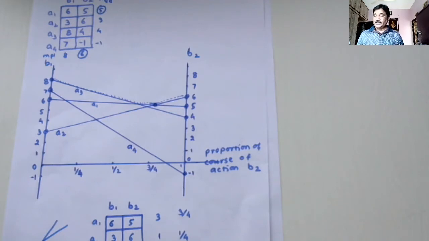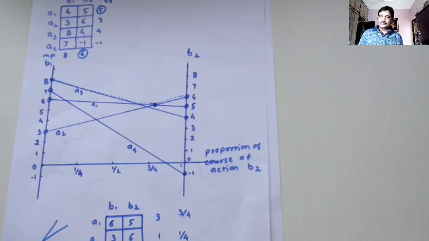If it doesn't get reduced to 2 by 2, but one of the dimensions is 2, either the number of rows or the number of columns is 2, then we solve it by method of subgame or graphical method. Now the question arises, what if the size is not m by 2 or 2 by n? Say it is 3 by 3. Then what? Okay. So we'll be seeing how to solve a 3 by 3 game.